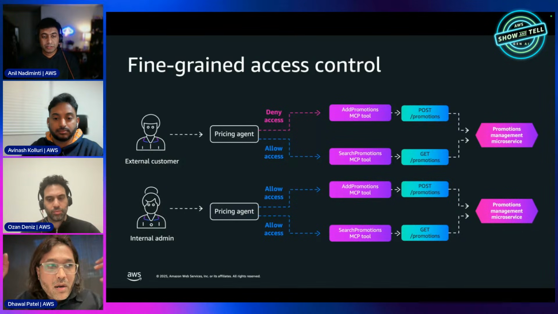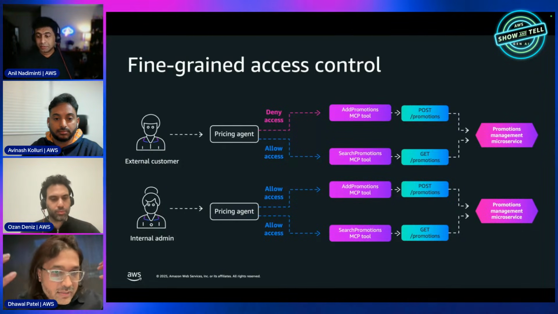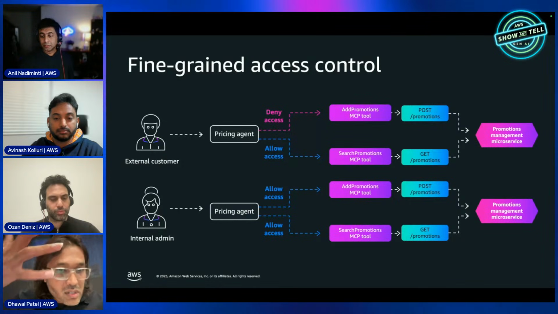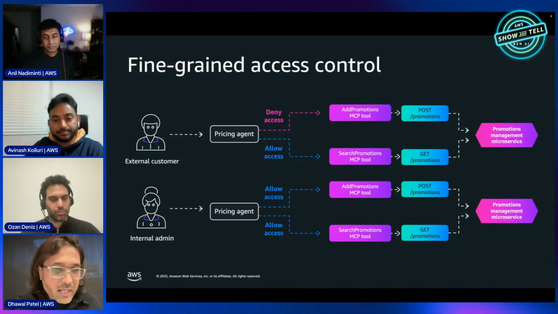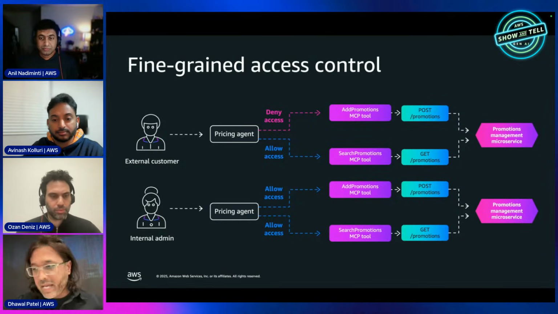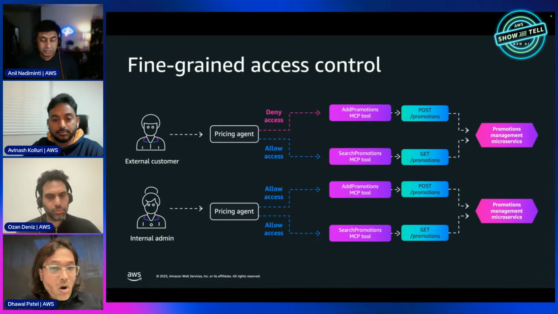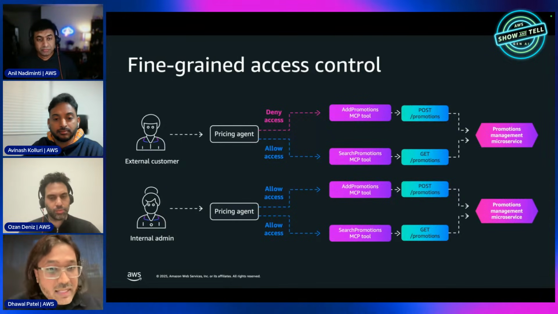Now there could be different types of users using this customer support agent. It could be an external customer like you and me, trying to browse and get to the right product based on my interests. Or it could be a call center representative who could also be using the same agent, but with higher privileges.